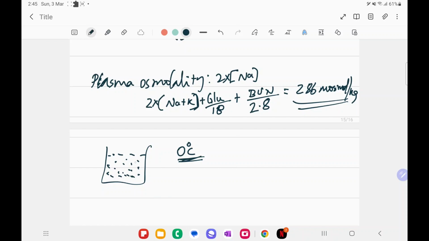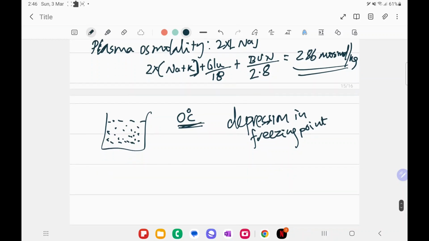But you can tell the number of osmotically active particles by seeing the amount of freezing point depression seen over there.